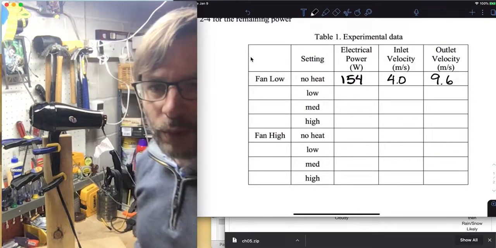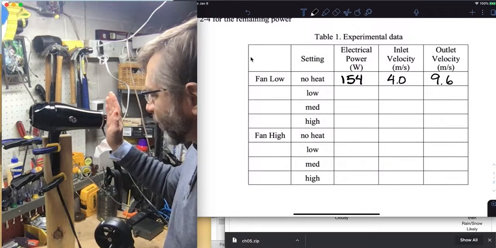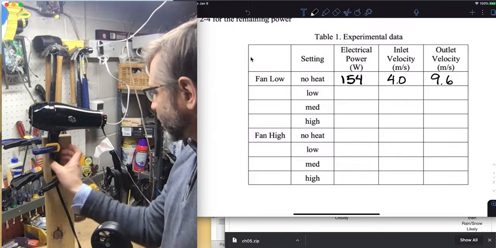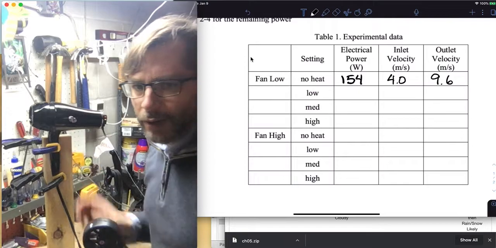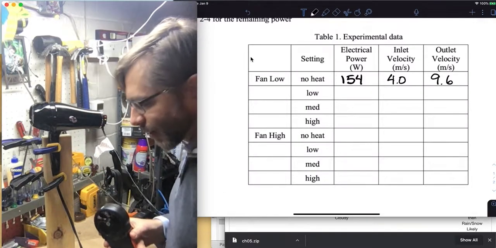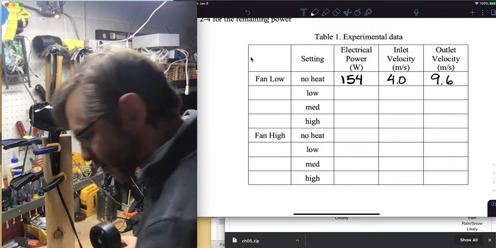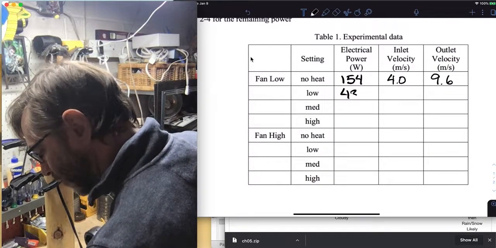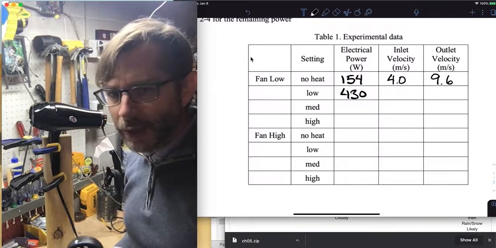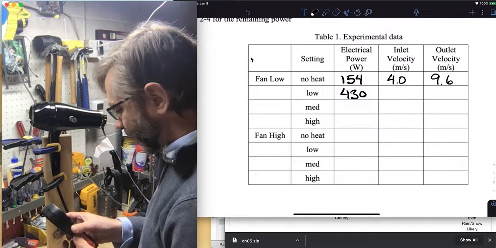Okay, so that's what we have. Now I've got the heater on its low power. Make sure it's on the lowest power setting. Okay, the lowest heater setting. And now I'm going to look again at the power. So this is reading 430. Okay, and then we're going to measure the airflow again.